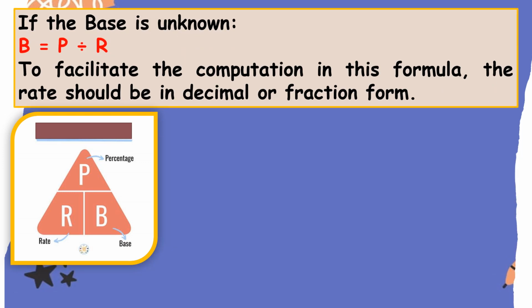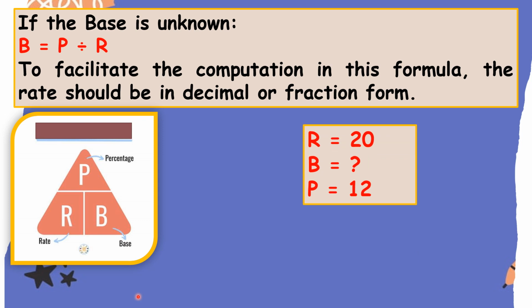If the base is unknown, we are going to use the formula B equals P divided by R. To facilitate the computation in this formula, the rate should be in decimal or fraction form. So our given rate is 20, P is 12, and we are going to look for our base.